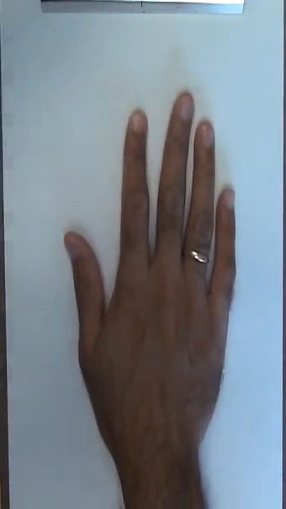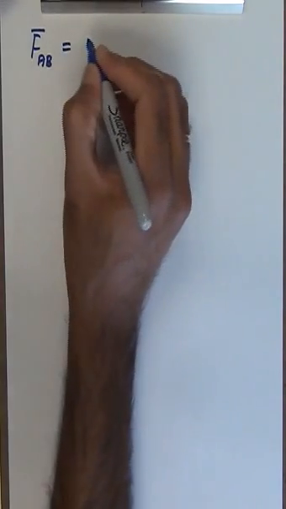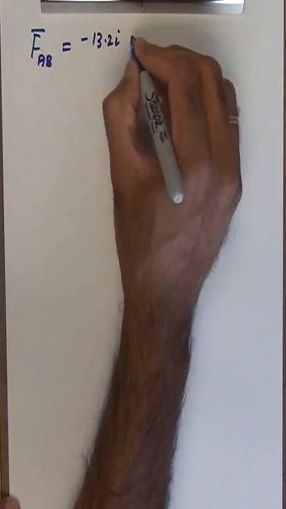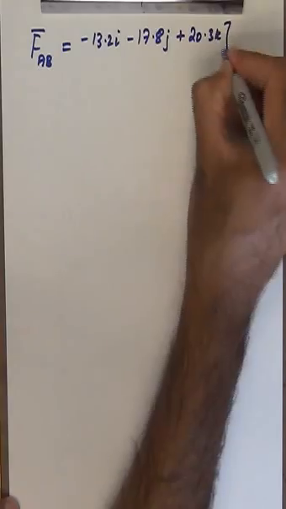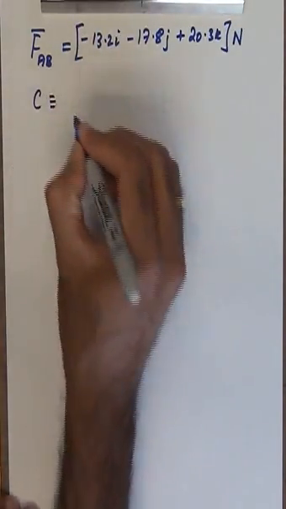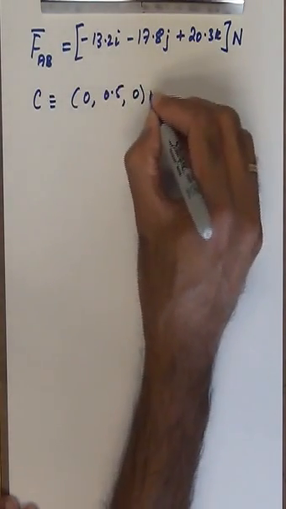Alright, so we have the coordinates of the point C, we have the coordinates of the point B, and we also have the force. So all we have to do is start computing these values now. So from before, I have the force FAB, and this was written as minus 13.2i minus 17.8j plus 20.3k, so many newtons. Then coordinates of point C from before was 0, 0.5, and then 0, so many meters.